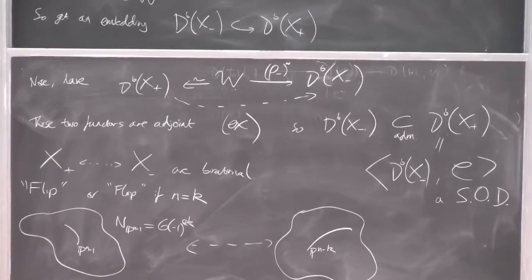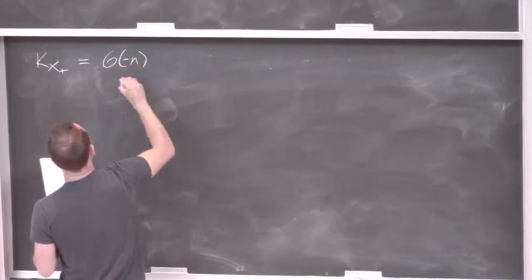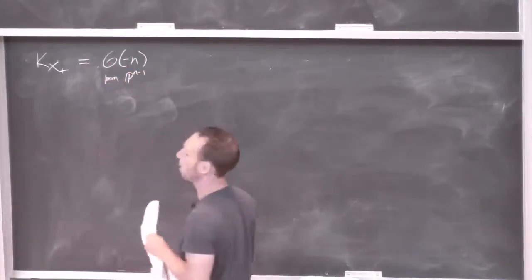Yeah, and I should make a comment about the canonical bundle. So let me just tell you, if you want to know what the canonical bundle of the space, for example, X plus is, the way you do it is you take the contribution from the base space, which is O(-n). That's the canonical bundle of P^(n-1).